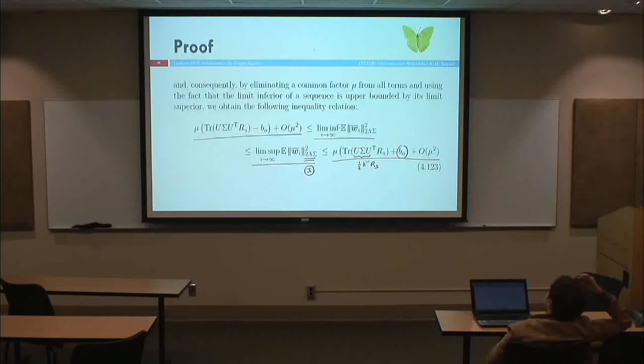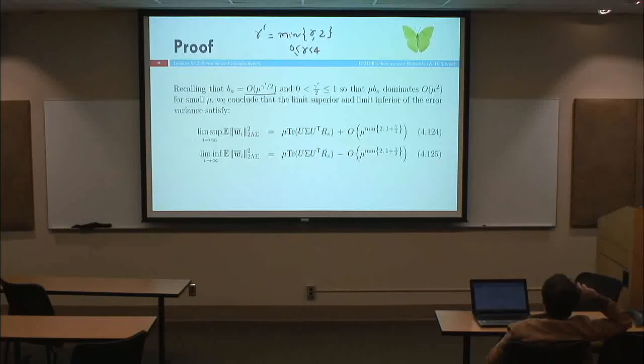So, mu times B0 will be what? This value here, gamma prime over 2, is between 0 and 1. So mu times that will have, in general, a lower power than mu squared, so it dominates mu squared.